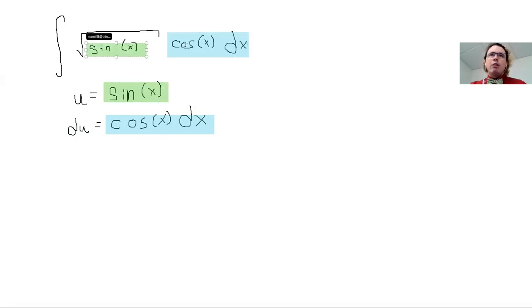So I'm going to rewrite this integral using the two equations that I've come up with. The first one for changing the variable itself, the second one for changing the differentials. This integral can be rewritten now as the square root of u, replacing that sine function, all du. du is my replacement for cosine of x dx.